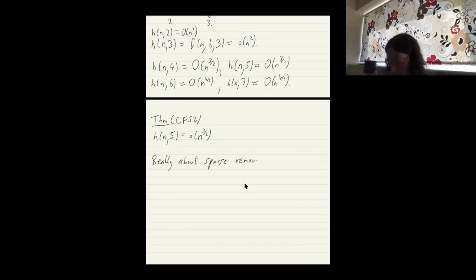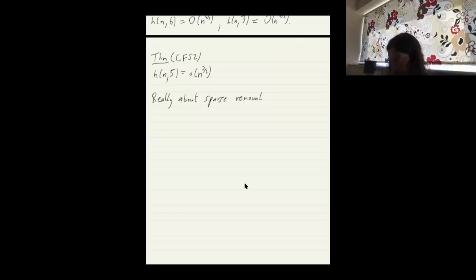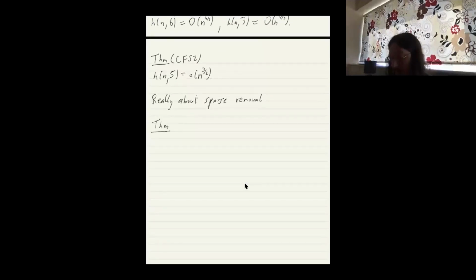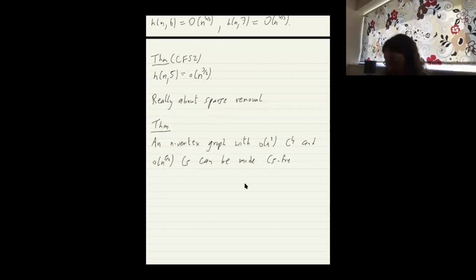So we have a theorem which says that an n-vertex graph with little o of n squared C4s and little o of n to the 5 over 2 C5s can be made C5-free by removing little o of n to the 3 over 2 edges.